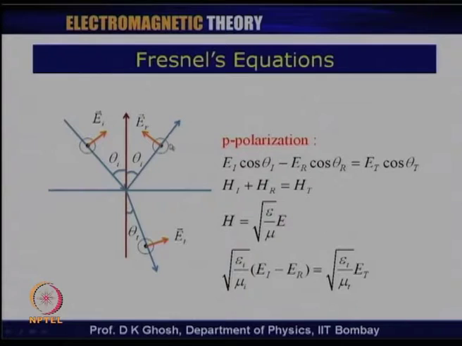You can check that if you take this theta to go to 0, then the electric field directions will become opposed to each other at normal incidence. So, this is what we have done. Let us look at this p polarization. The other polarization is S polarization, which comes from a German word senkrecht. The S polarization is where the electric field is taken perpendicular to the plane of incidence. But let us first talk about the p polarization, p standing for parallel.